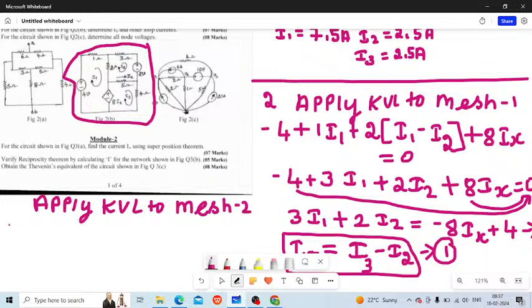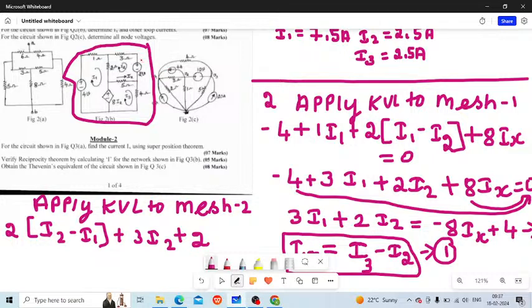So you have 2 into I2 minus I1, and plus 3 into I2. So we have the plus 2 volt, that is plus 2 volt. This is positive to negative.